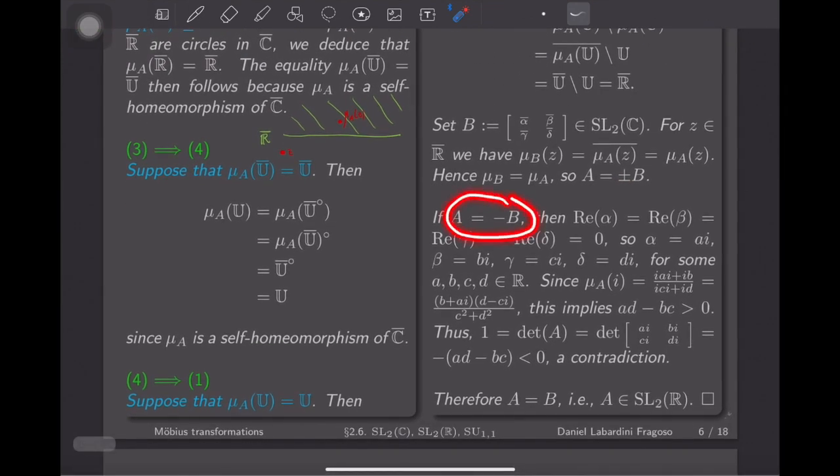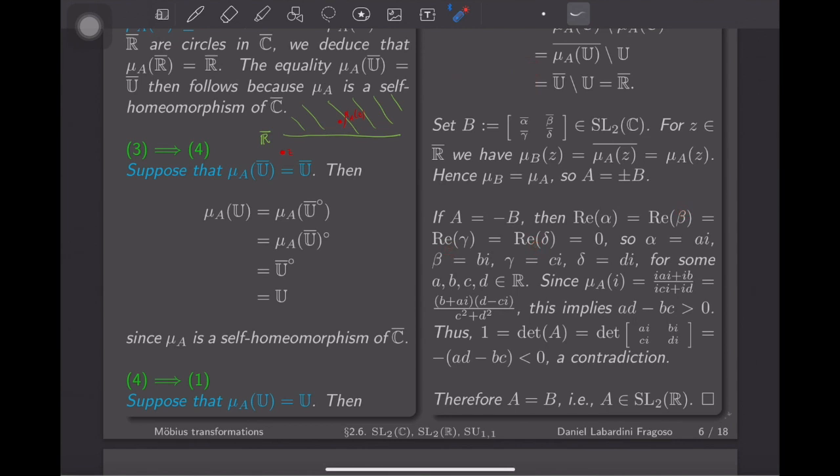What happens if the option I don't want happens? Well, then all these real parts are 0, because alpha would be minus alpha conjugate. So from there you can deduce that 2 times the real part of alpha is 0. So the real part of alpha is 0, etc., and the same for the others.